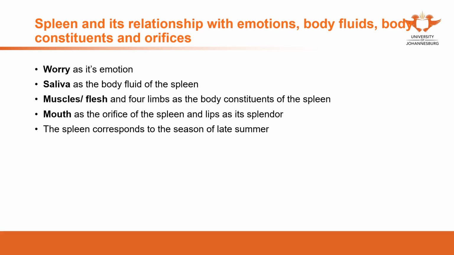During this period, in the north, especially in China, it rains a lot and the weather is very hot. So this is very similar to Johannesburg in summer, or even Durban. It rains a lot and the weather is very hot, so we have the dampness, the humidity, and the heat. The dampness and the heat will affect the spleen function.